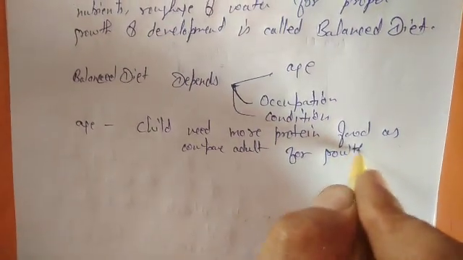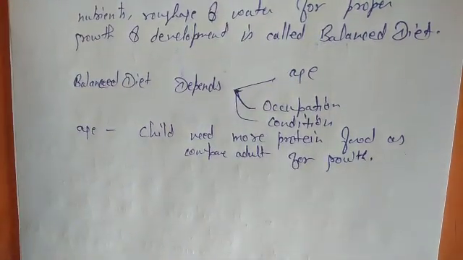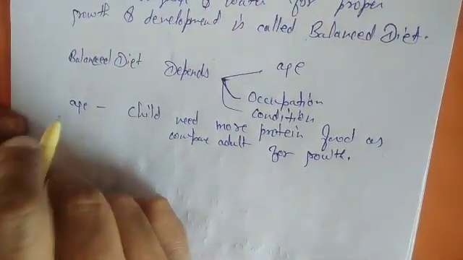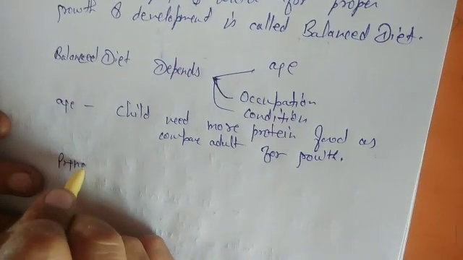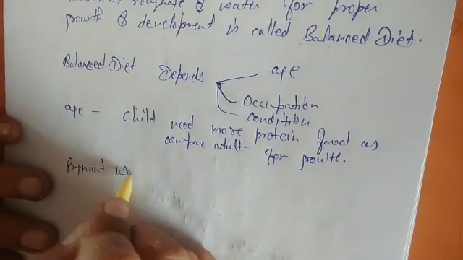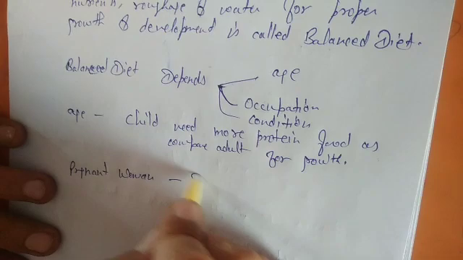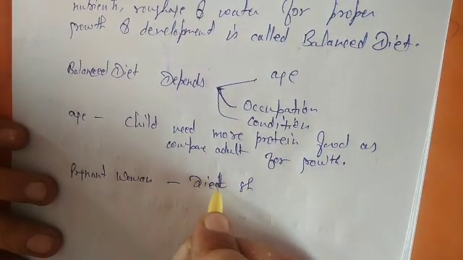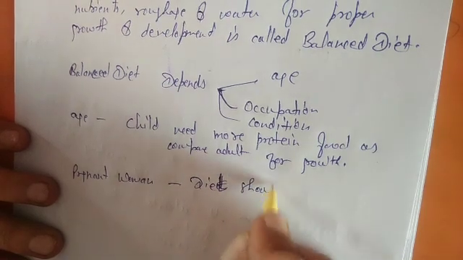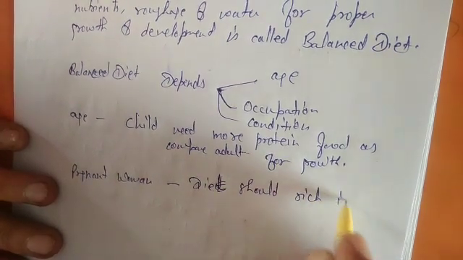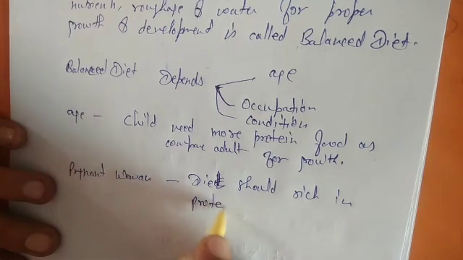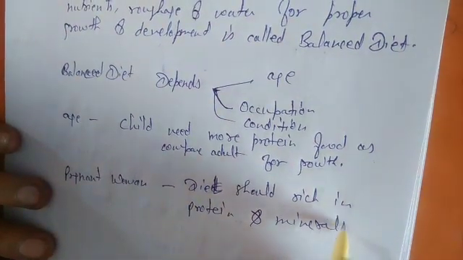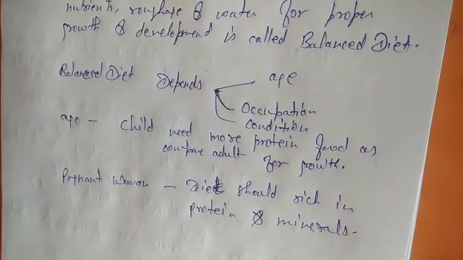So that's why a child's diet should be rich in proteins. The same is true for a pregnant woman. A pregnant woman's diet should be rich in protein as well as minerals, because of breastfeeding and all these things.